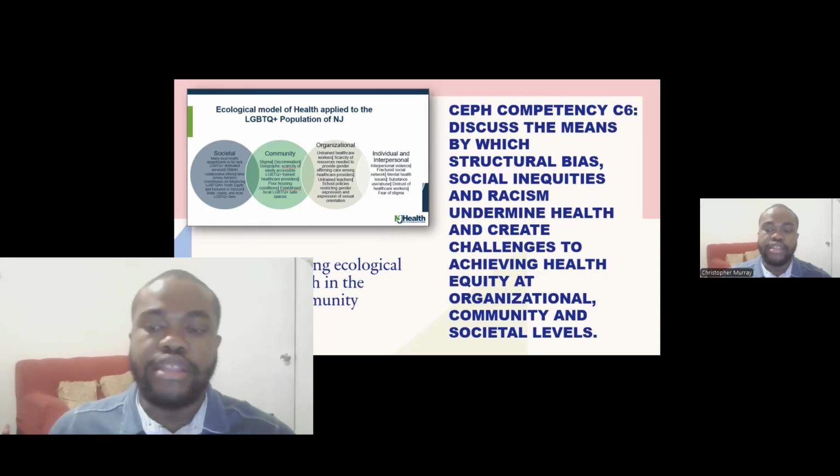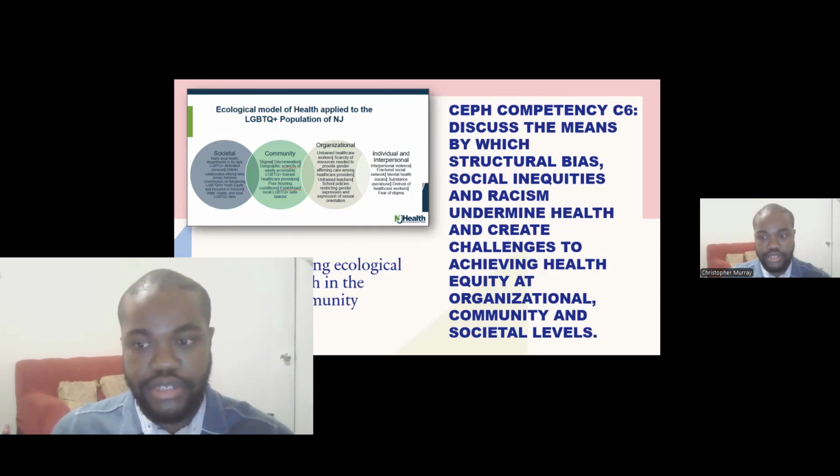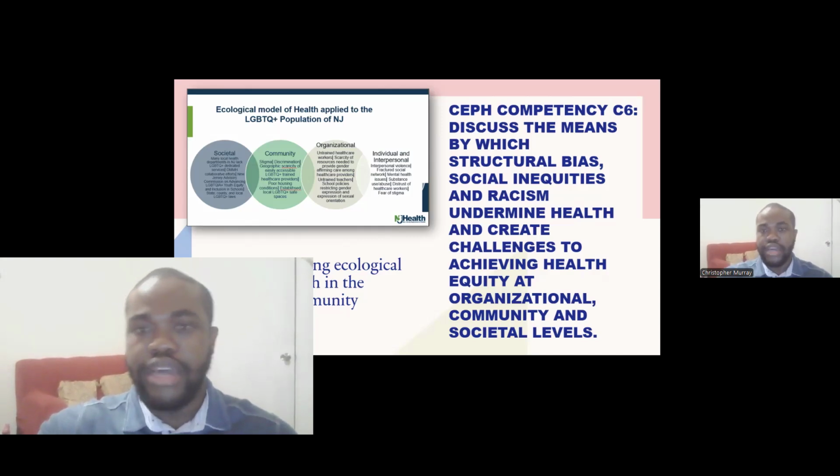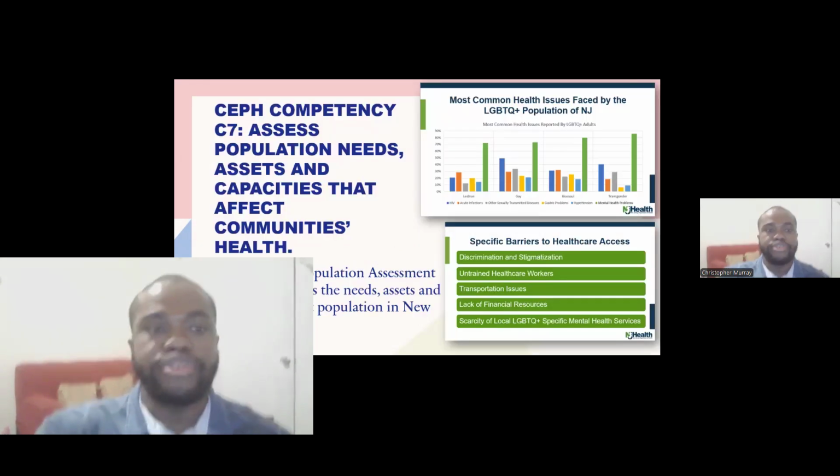The ecological model that I used listed challenges to achieving health equity at the organization, community, and societal levels. I also looked at these challenges through the lens of the social determinants of health and how they affect the LGBTQ plus population of New Jersey.